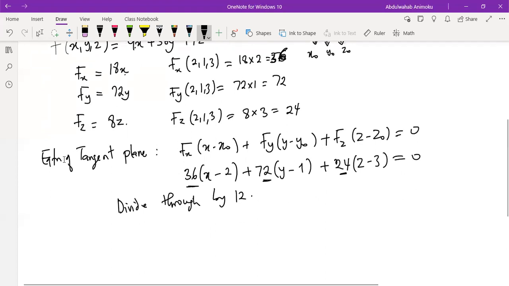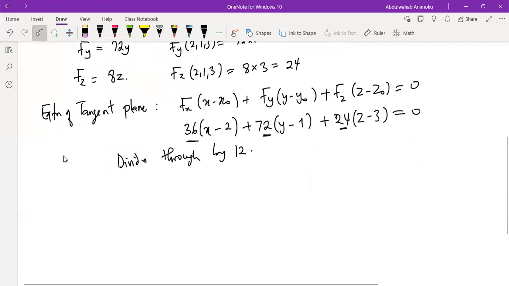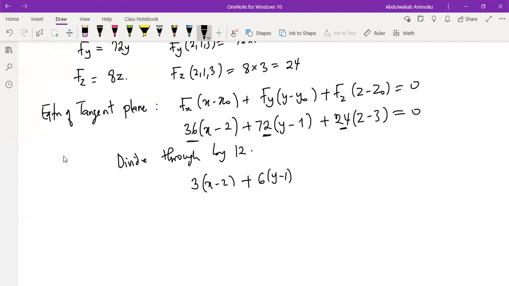Now it's left for you to do the algebra. I think it's not hard to figure out. So divide through by 12, 36 divided by 12 will give us 3. 72 divided by 12 gives us 6. And finally, 24 divided by 12 is 2.